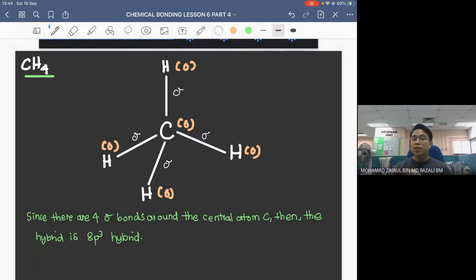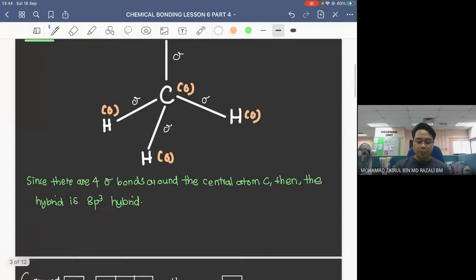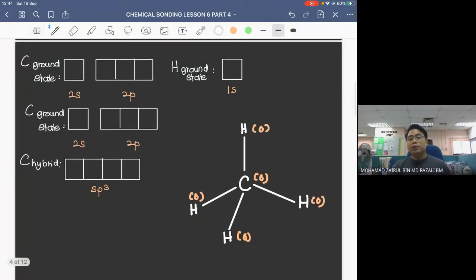So having made that conclusion, we can draw the orbital diagram for the valence electrons. Carbon at ground state: since the formal charge is 0, there is no addition or removal of electrons, so carbon's valence electrons must equal 4. 2 of the electrons will occupy 2s and another 2 will occupy 2p.